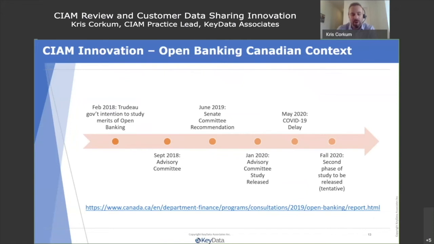Government should be the guardians of oversight and enforcers of protection rights, and industry should drive Canada's CDF technical standards. And last but not least, number seven, the report found that the current unstructured environment poses data protection, privacy, and cybersecurity risks to consumers and financial institutions.